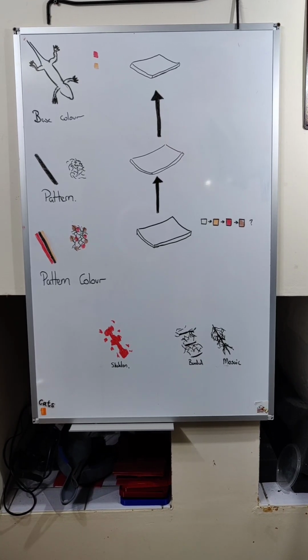Now the same thing can happen with the pattern. You can get anomalies where you end up with a stripe and a reticulated. This is generally referred to as a mosaic. You get varying degrees of mosaic. The one I've drawn here is mainly reticulated with a thin stripe running through.